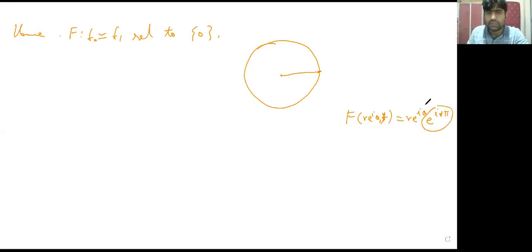If you denote each map by F_t of R exponential I theta, then each map F_t is a rotation by an angle t pi, right? So this whole disk is rotated by an angle t pi.